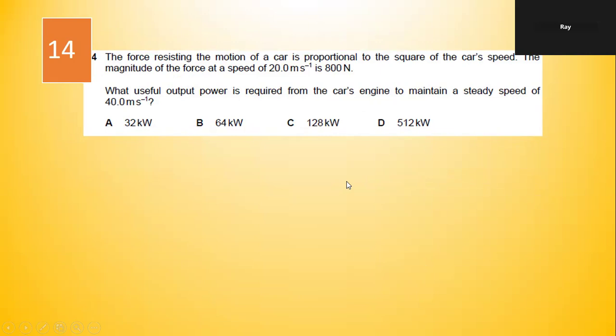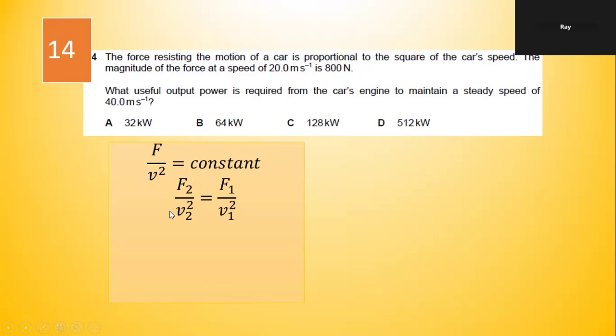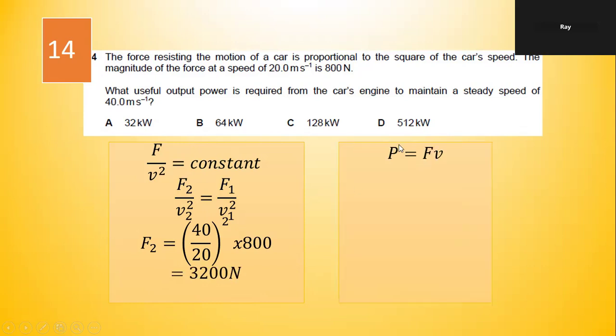Sorry, I got C. That's the equation, the constant. This is the initial one, this is the final one. Calculate your F2, and power is F times V. That's your F2, your F times 40. That's the 40 from here. Okay, good.